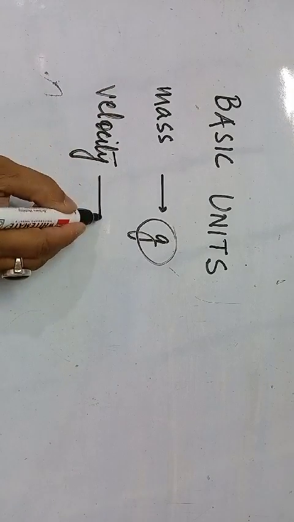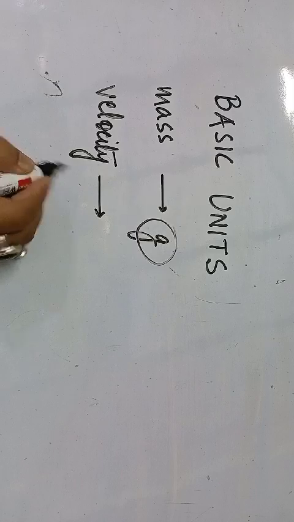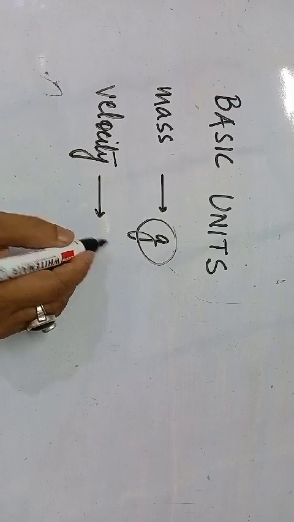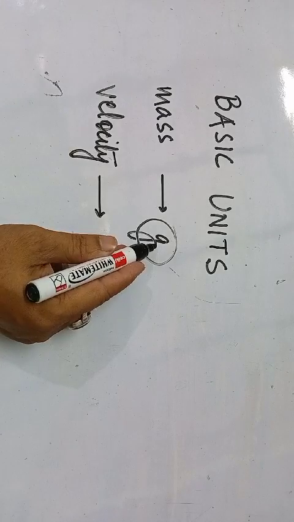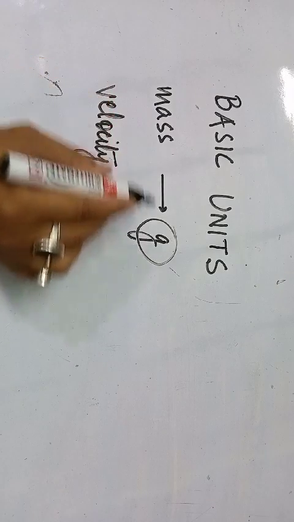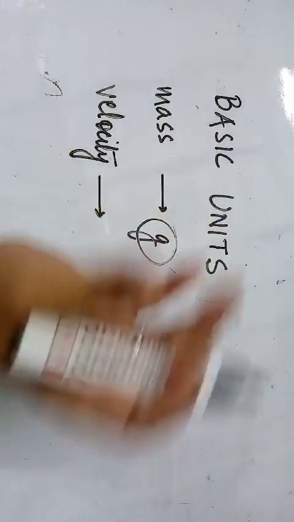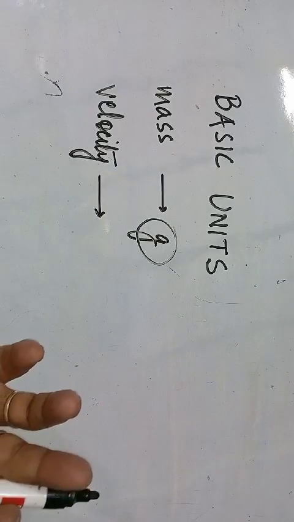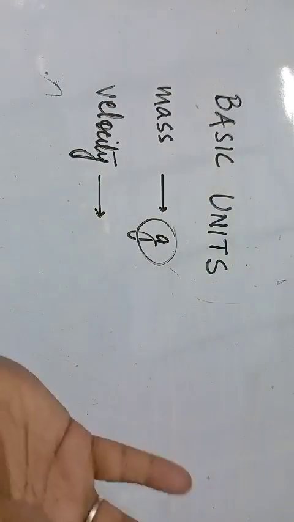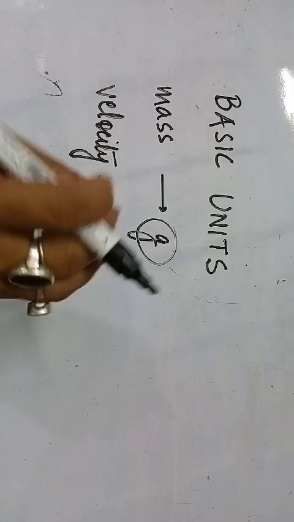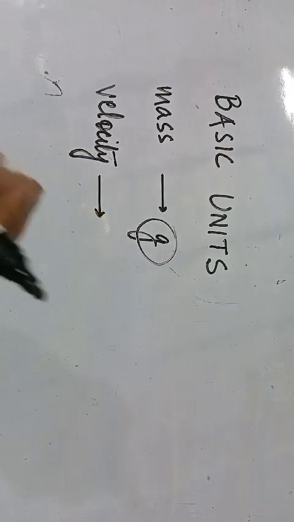So it will have its own unit, but you will see that its own unit does not have its individual existence. Like we have over here, mass is represented by gram. Now gram has not been taken from anywhere else. Gram has not been taken from meter, gram has not been taken from second, gram has not been taken from kg. It has its own individual birth and existence.